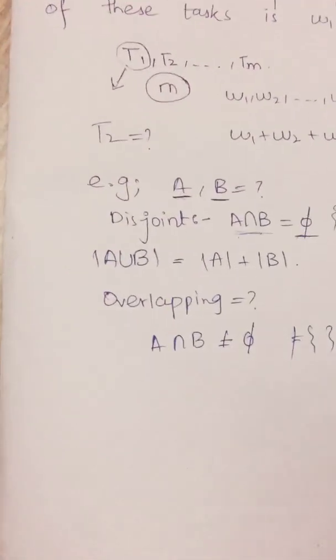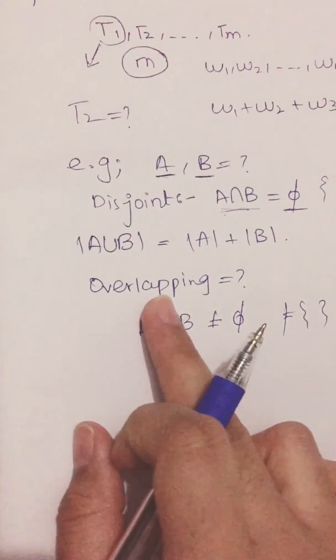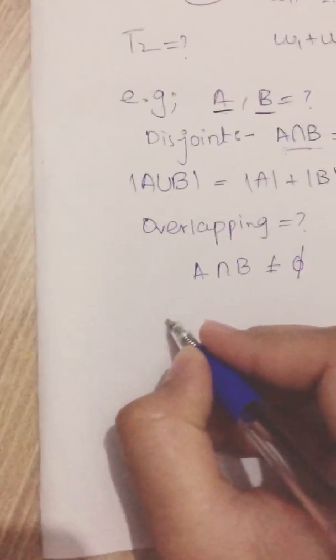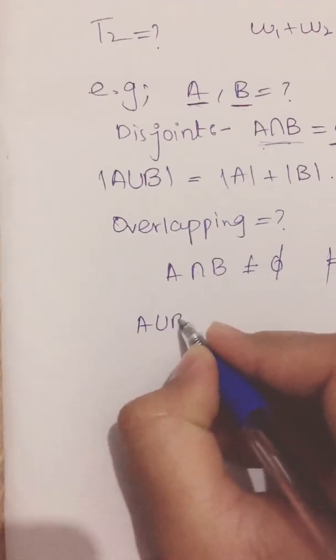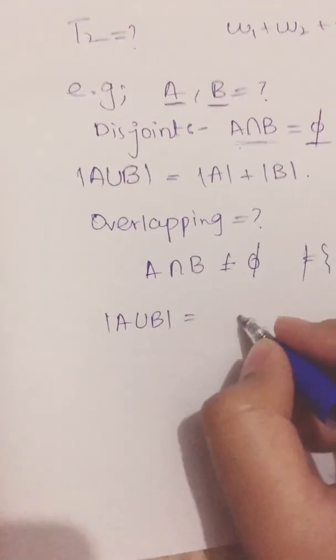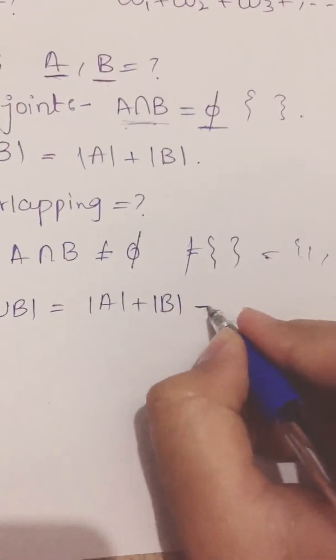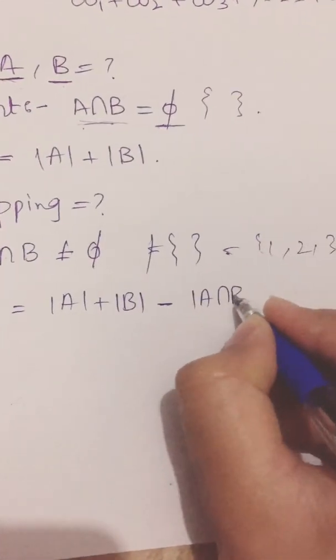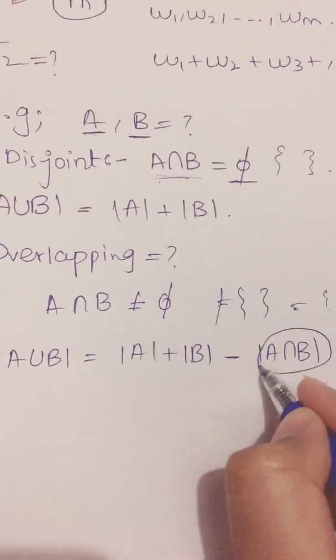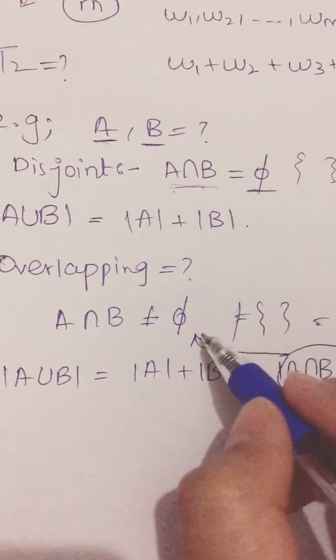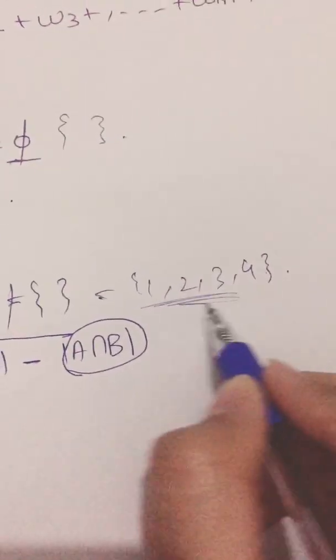Okay. So in the case of overlapping, the formula would be different from this one. It would be A union B equals the sum of these two minus A intersection B, because the intersection of these does not give us phi, it always gives us some value.